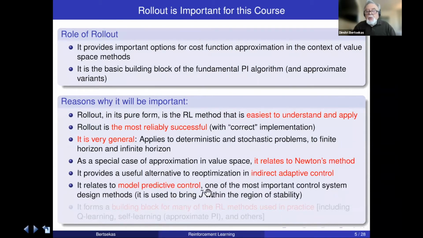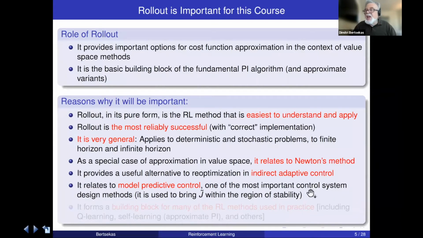There's also a connection with model predictive control. I mentioned this connection in one of my earlier lectures. Truncated rollout following multi-step look ahead or one-step look ahead minimization can be used to bring J tilde within the region of stability of the problem.